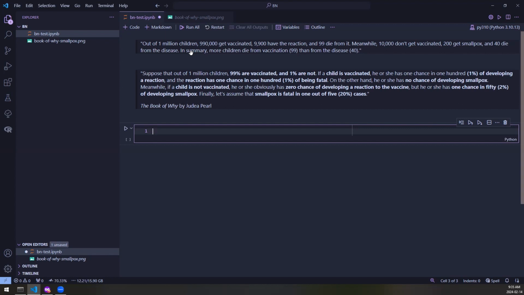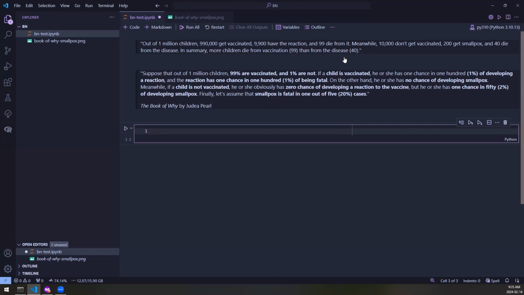This raises some concern because, based on this data, as we can see, more people will die from vaccination than from the disease, right? According to this data, 99 children are going to die from the vaccination, and those who didn't take the vaccination and died are only 40.